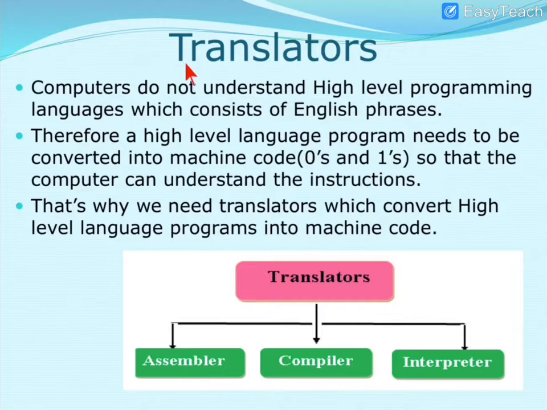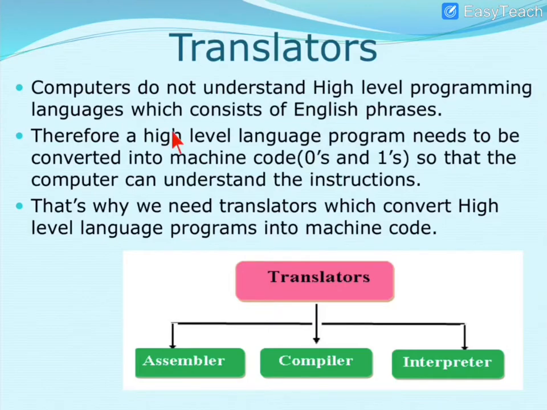That's why we need translators, because we cannot write machine code, it is very difficult to write, and modern high level programming languages consist of English words and programs which are not understood by the computers, and that's what the translators do. They actually serve as a medium between us and the computers.